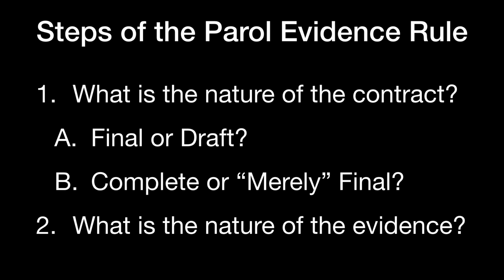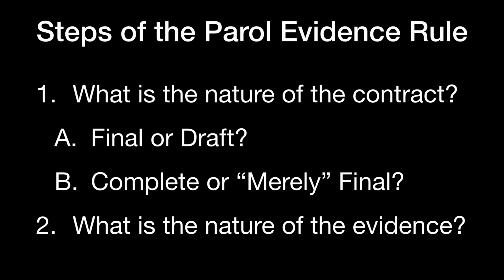That analysis unfolds in two steps, although it might be helpful to think of the first step as having two subparts, and effectively we're asking two questions that pertain to the two steps. The first question is, what is the nature of the contract? Here we're trying to determine if the writing that we're analyzing is a final memorialization of the parties' terms, or if it's merely a draft.